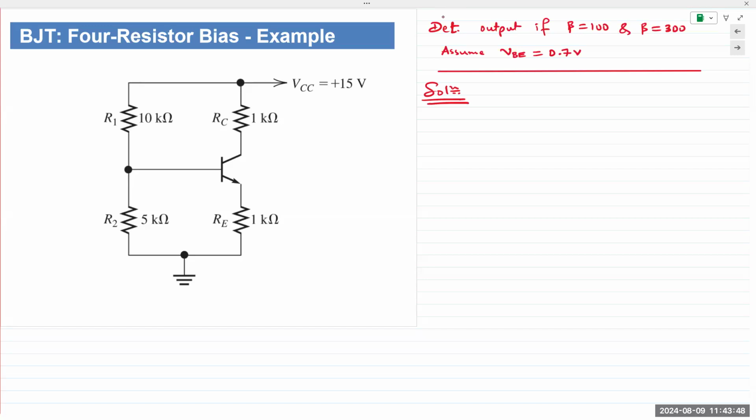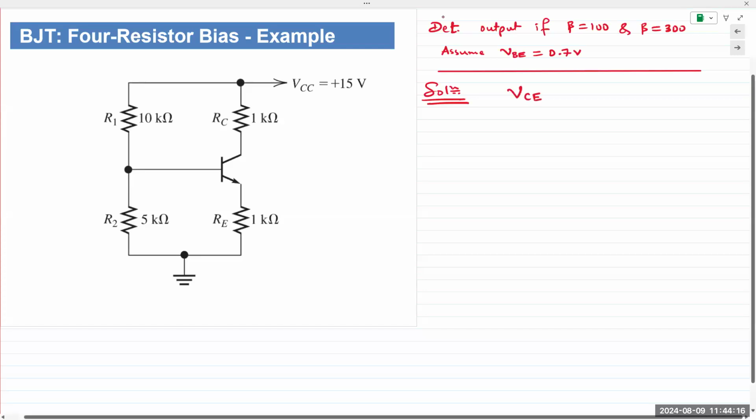What do you mean by output? Anyone? If you read this problem statement, it says determine the output, what is it asking you to do? Output voltage, yes, output voltage and output current. So it's on the collector side.